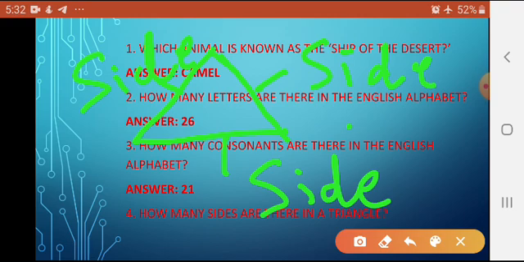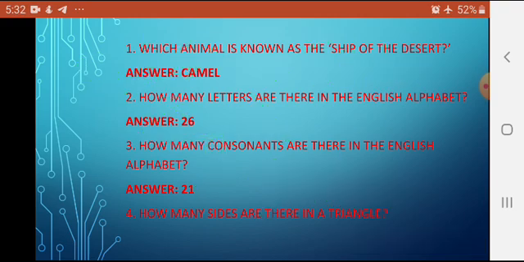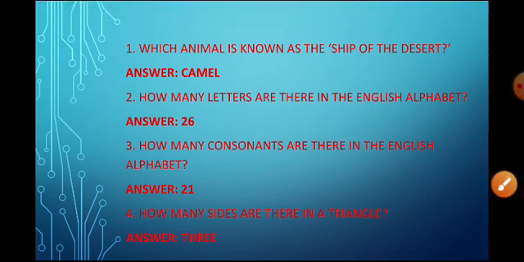So how many sides are there? 1, 2 and 3. So the answer is there are 3 sides in a triangle.